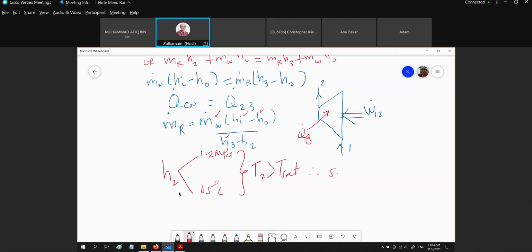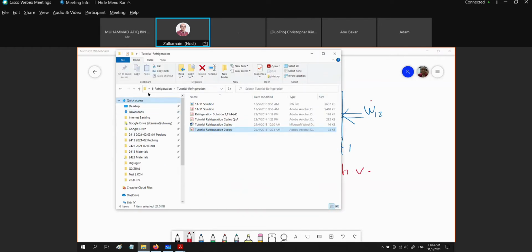Therefore, it's superheated vapor. So let us look at the table of refrigerant.